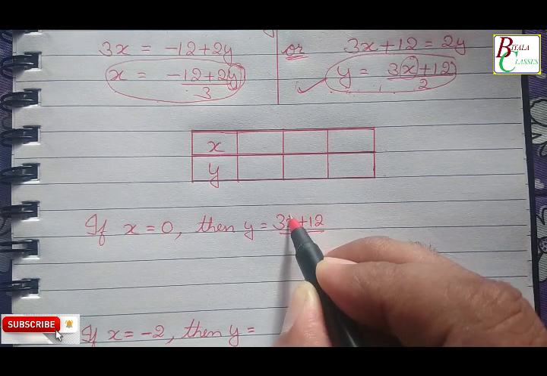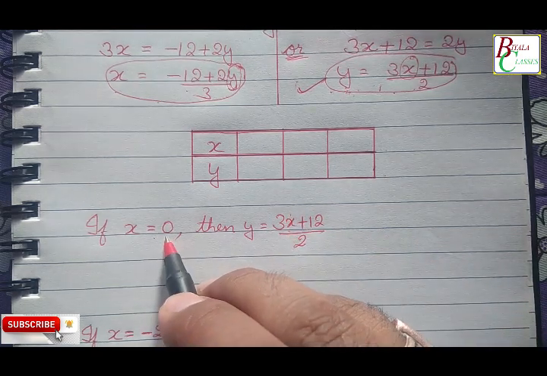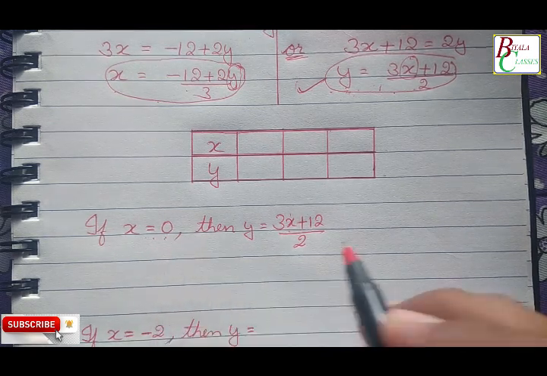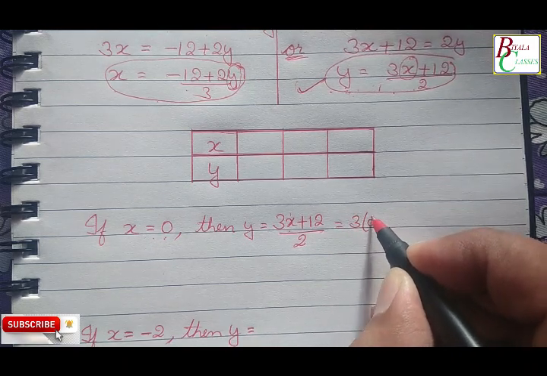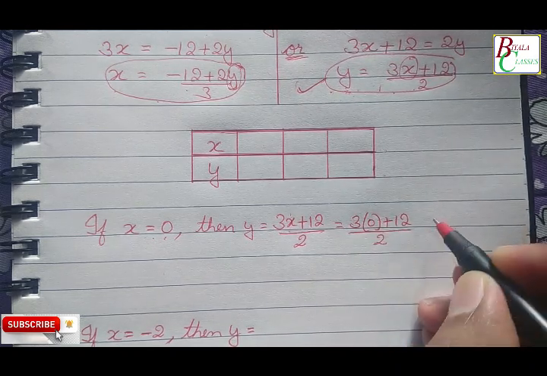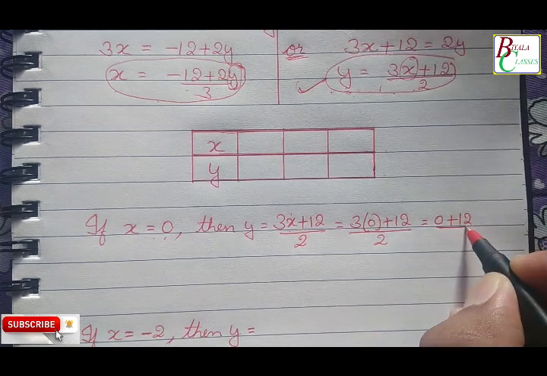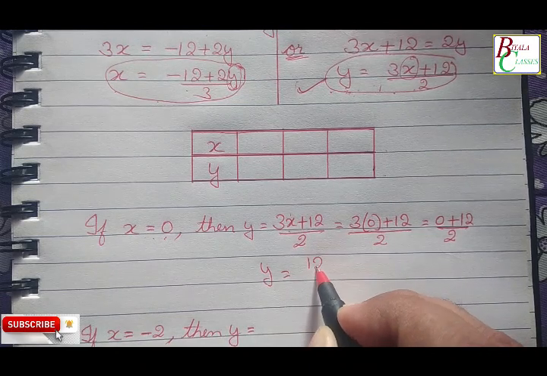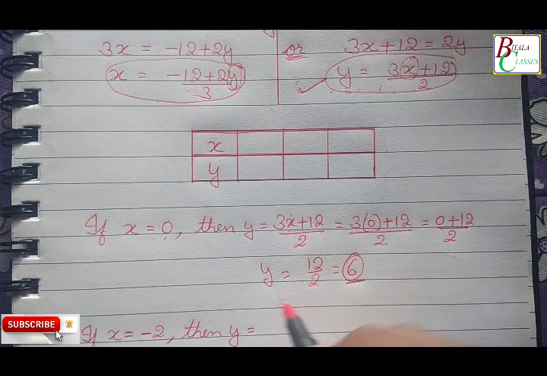Now this contains the variable x. So we are going to substitute the value of x, and here I have taken a random value, that is 0. When you take 0, you get here 3 multiplied by 0 plus 12 upon 2, which is equal to 0 plus 12 upon 2, that is y equals to 12 upon 2 equals to 6.